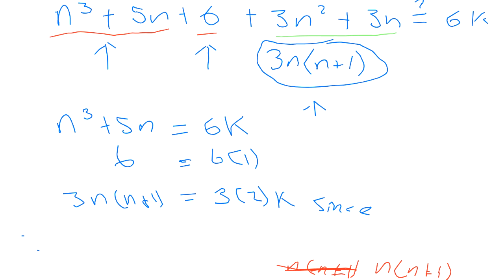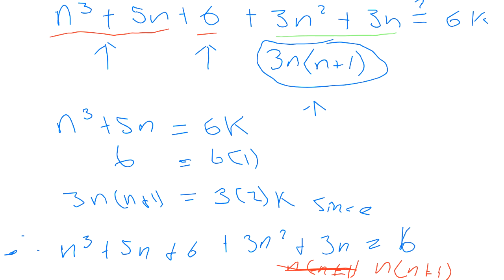Therefore, you write the entire line again: n cubed plus 5n plus 6 plus 3n squared plus 3n is equal to 6 times some constant, some integer. C is an integer. That's how it would be done. So you would mention the first one: the n cubed plus 5n, we already said it's equal to 6 times some integer. 6 is obviously equal to 6 times an integer 1.